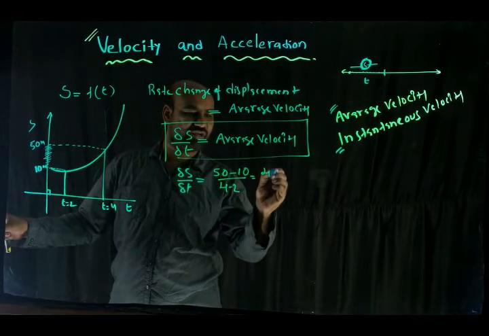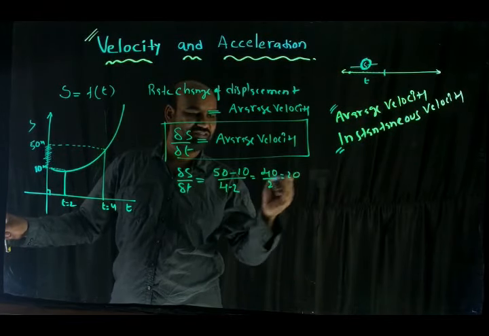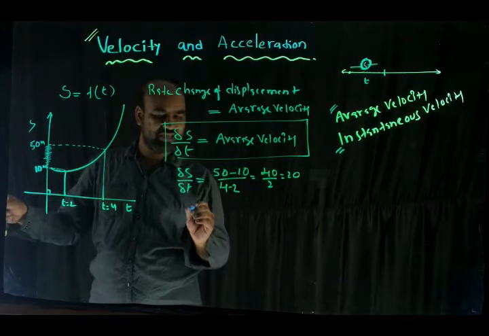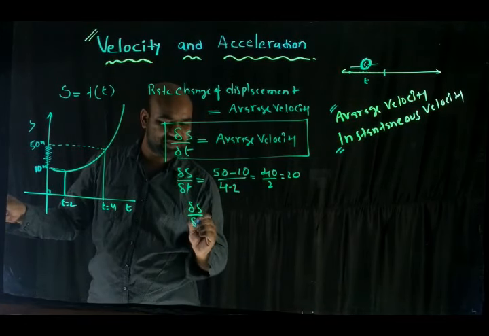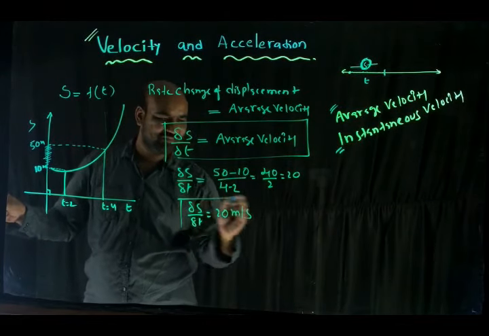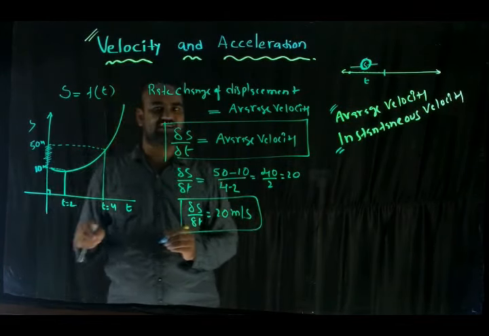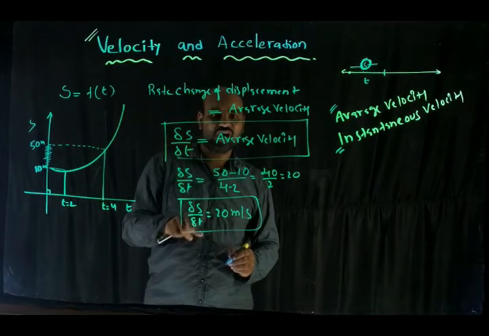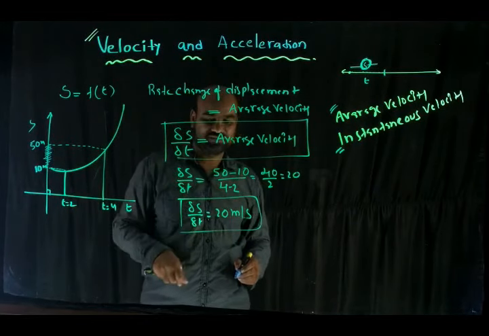This is equal to 40 by 2, that is 20. So the rate of change of displacement is 20 meters per second, called the average velocity.